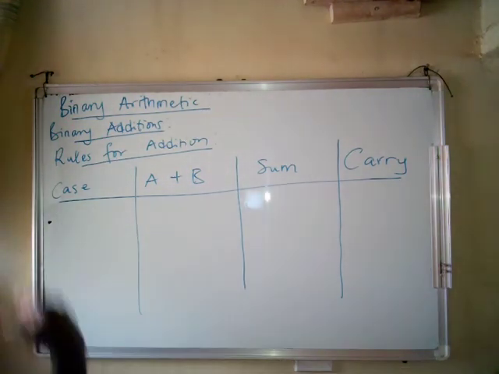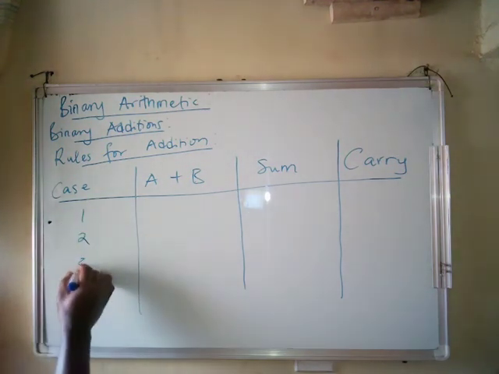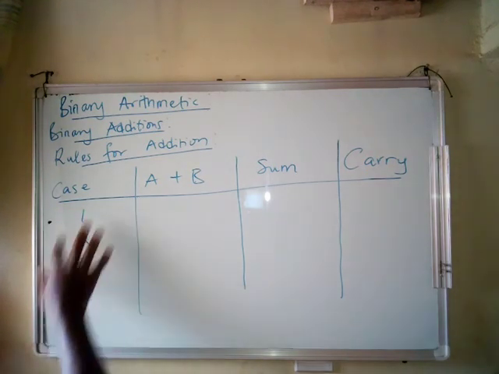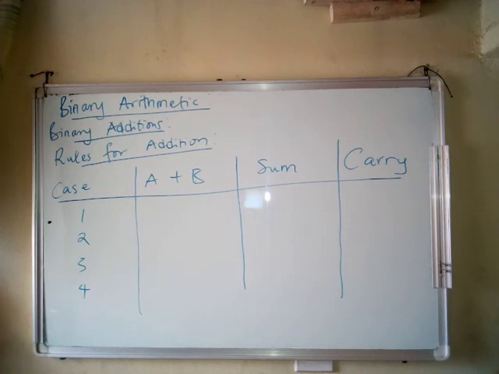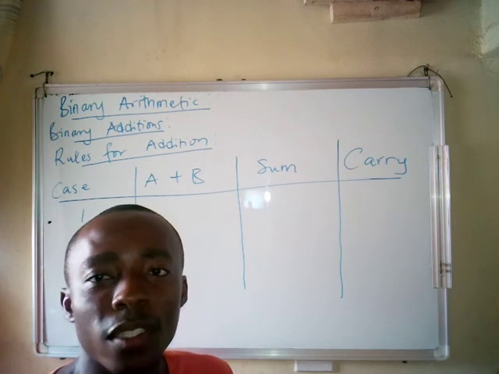So a case of, let's say, 1, 2, 3, and 4. The case is like a serial number: the first one, the second, the third, the fourth. This is not really important, but this is where you have the work to do. If you are adding, remember binary has to do with zeros and ones.